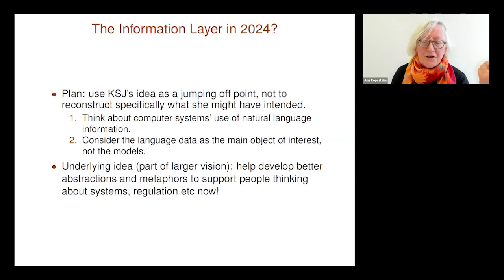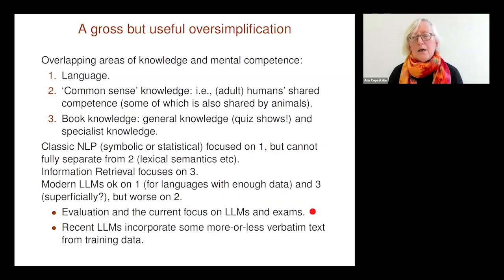So this underlying idea, as I said right at the beginning, is because I think it's absolutely essential that we get better abstractions and metaphors to support people who are thinking about what's happening, about the way that systems are changing and so on.